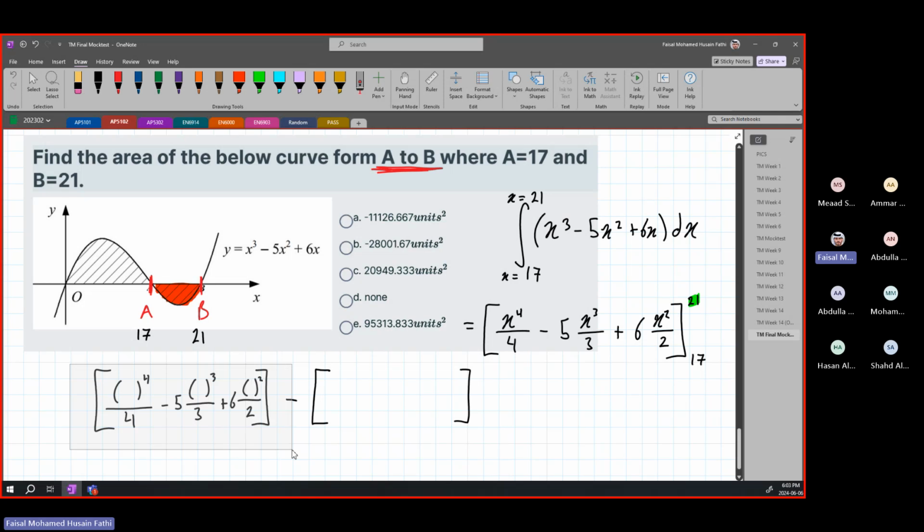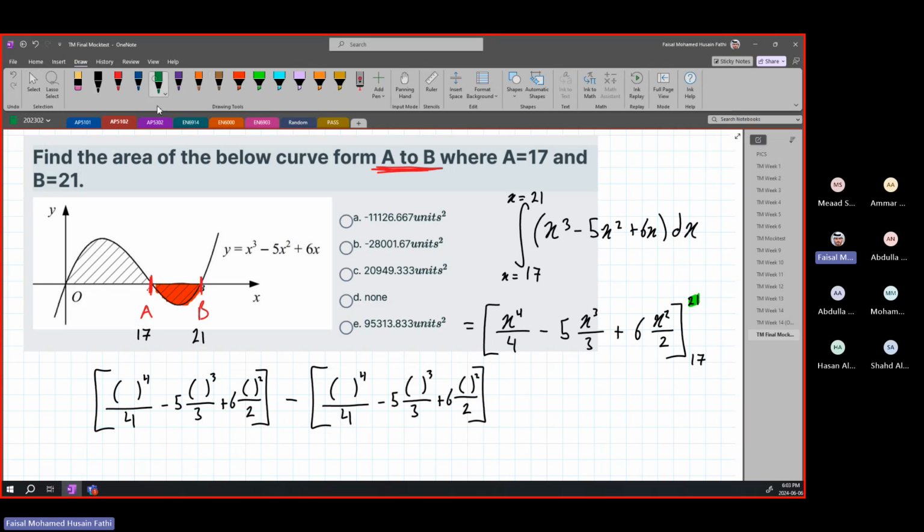And the same exact thing is going to be in both cases, over here and over here. All right, but the only difference is the value of x is going to change. So for the first one, it's 21, the upper value. And for the second one, let's use blue, it is 17, the lower value.